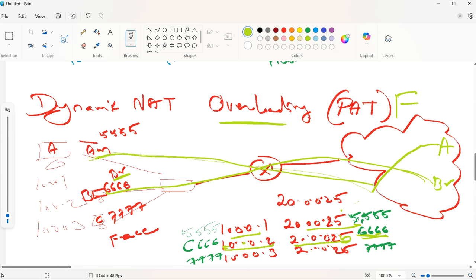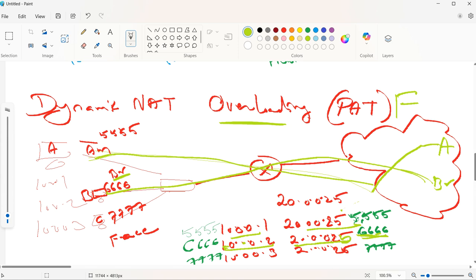So in PAT, you don't need to buy too many addresses, you don't need to maintain a pool. See, you have port numbers up to 65,535, and of those, reserved port numbers are only up to 1024. So you can have about 65,000 translations.